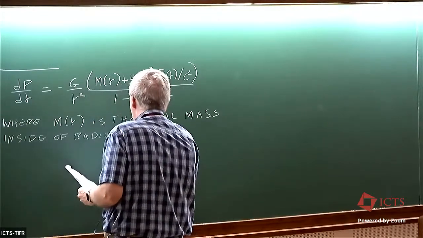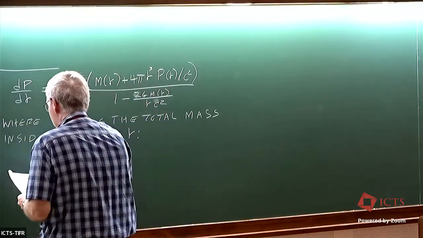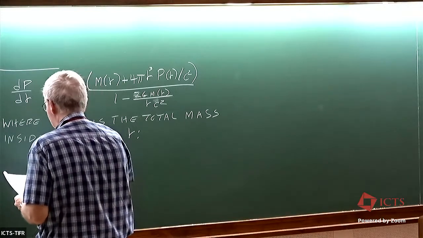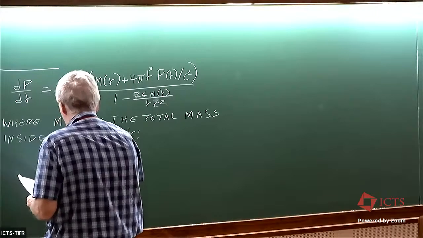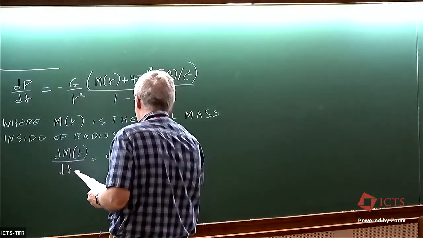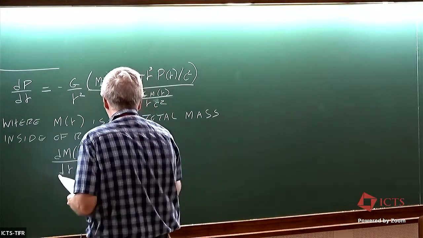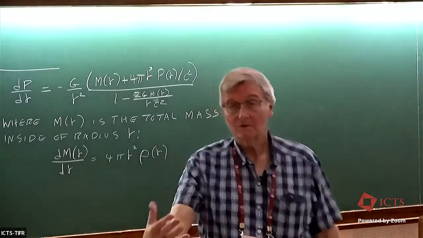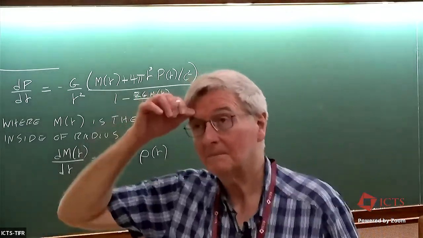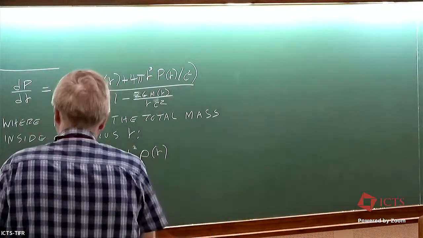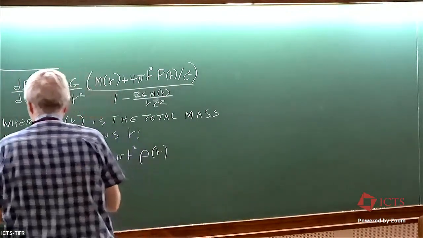And the differential equation that governs its value at any given radius r is dM/dr is 4 pi r squared times this density. And as you probably know from last week, this is the total mass, including baryon mass plus any negative effects due to gravitational attraction.